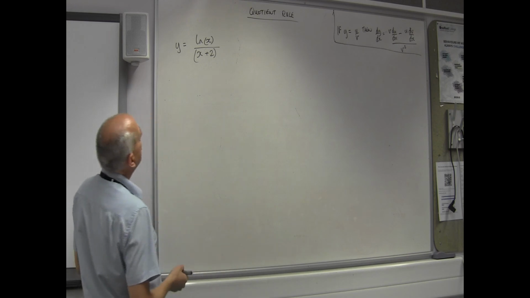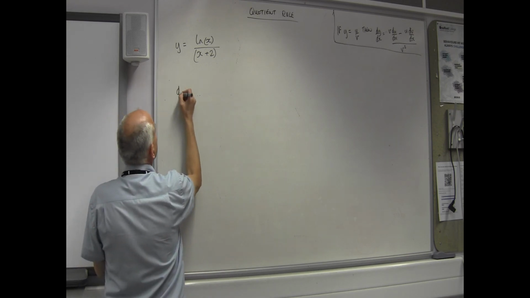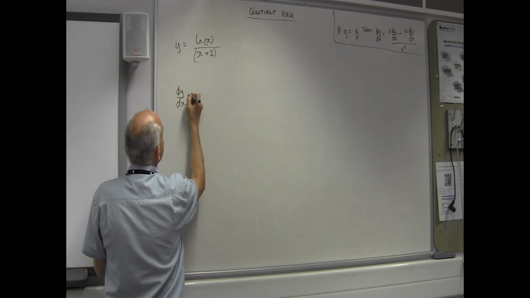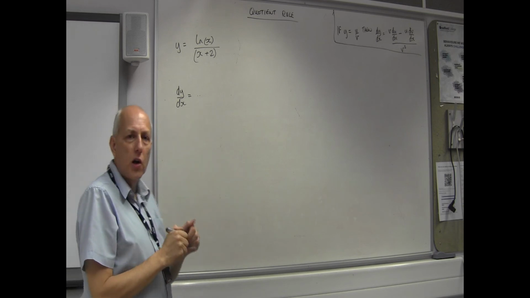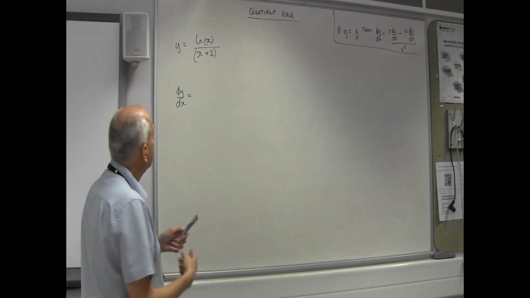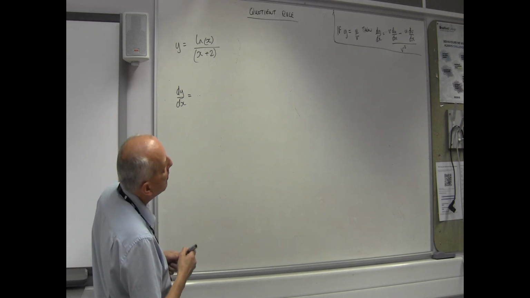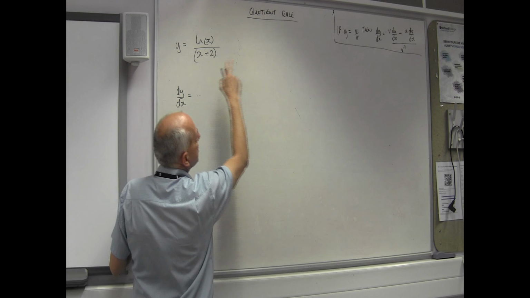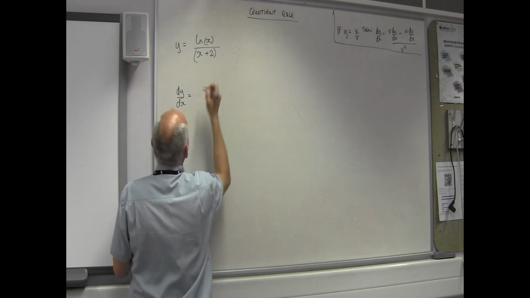Right. So same again, dy/dx. So go slowly if it's confusing with this log of x and the like. This is u, this is v, so we've got v as it comes.